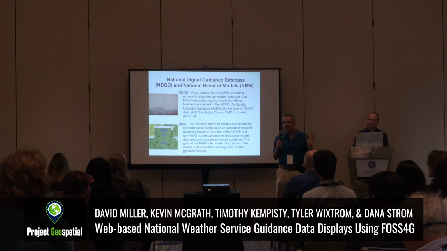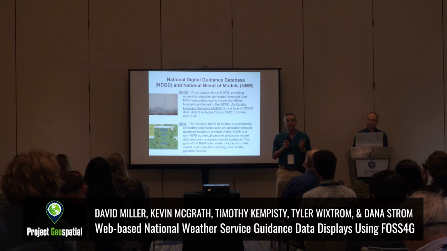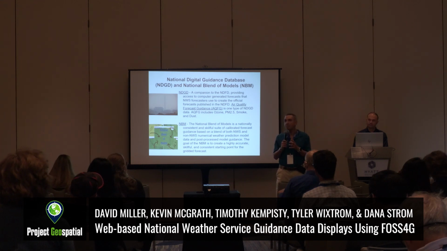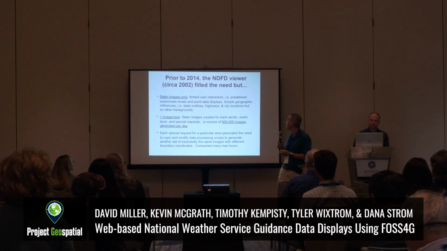Which time scale is handling this situation better? The National Blend of Models is an attempt to take essentially the best from various different models and also non-model output, and come up with a starting point for the forecasters in the field to use when they're putting together the NDFD forecast. Go ahead, Kevin.